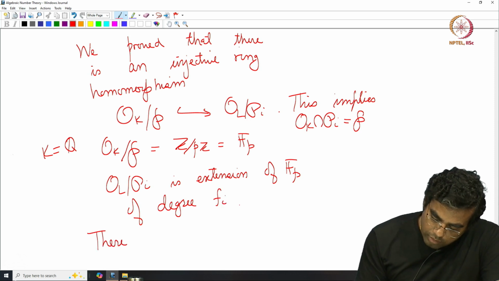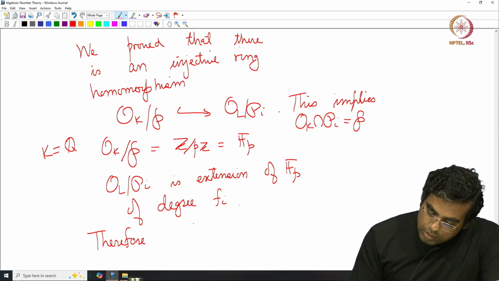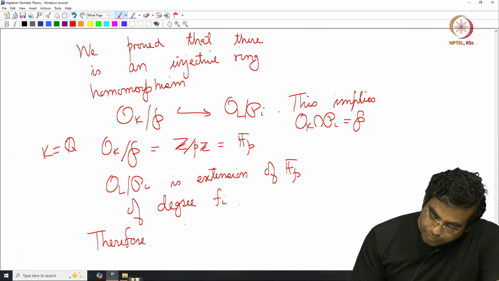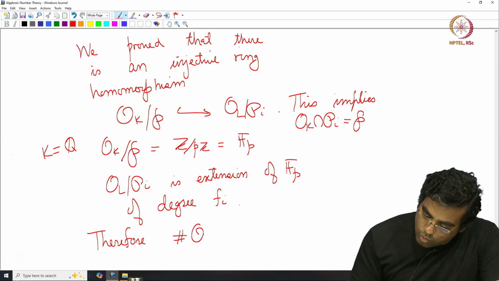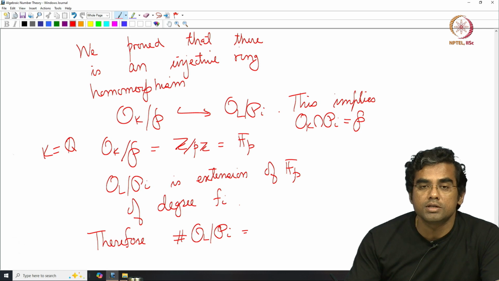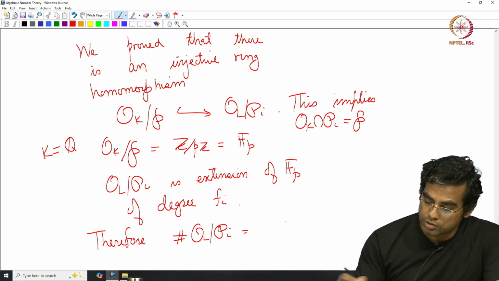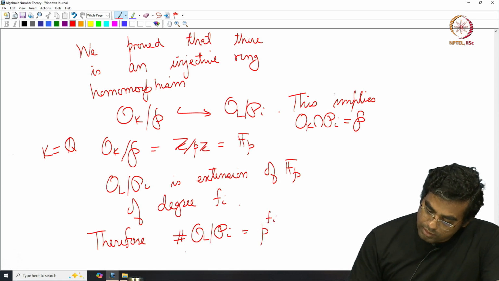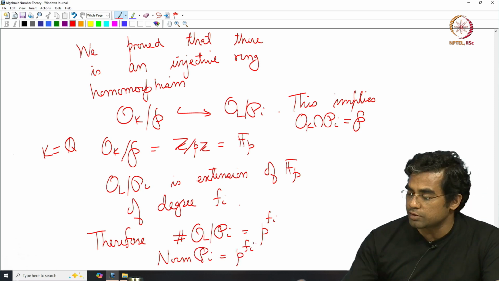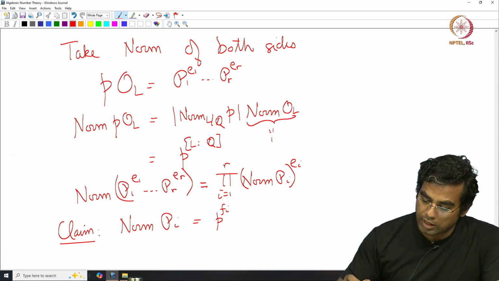Therefore, the number of elements in OL mod Pi is the number of elements in Fp to the power Fi. So, the norm of Pi is equal to P to the Fi. That is what we wanted to prove, that is what the claim was.